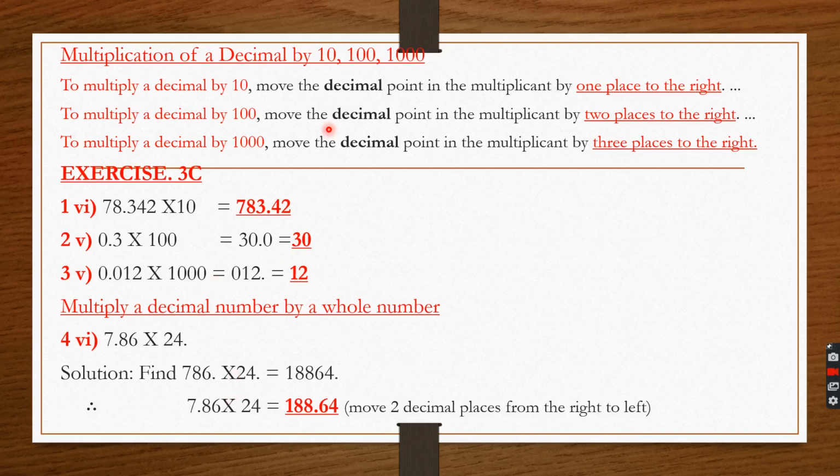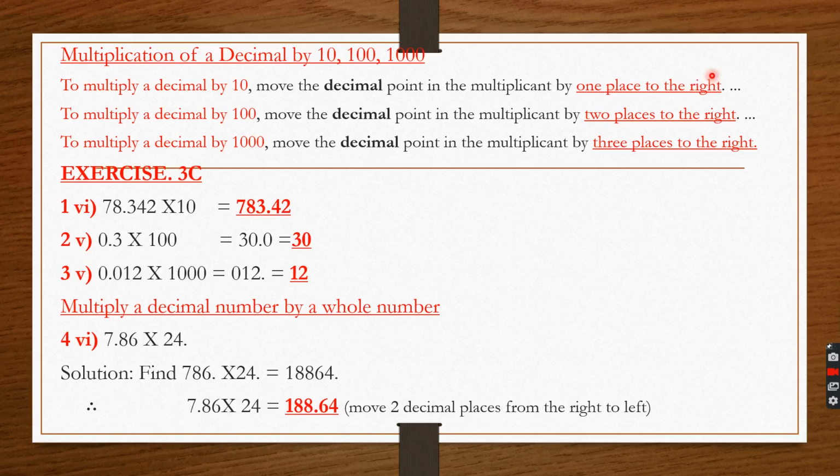Now next is the multiplication of a decimal by 10, 100 and 1000. If you have to multiply a decimal by 10, 100, 1000, please children, don't go with the normal multiplication by 2 digit or 3 digit. Just move the decimal. When you are multiplying with 10, move the decimal point to the right side once.